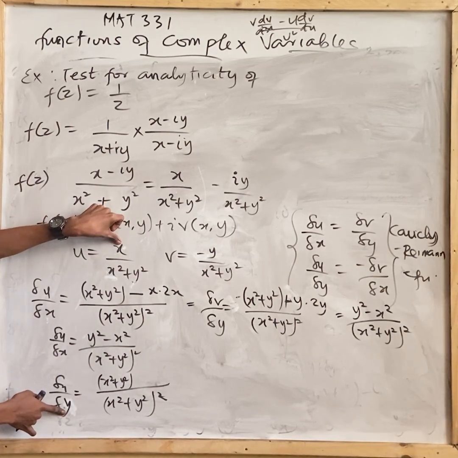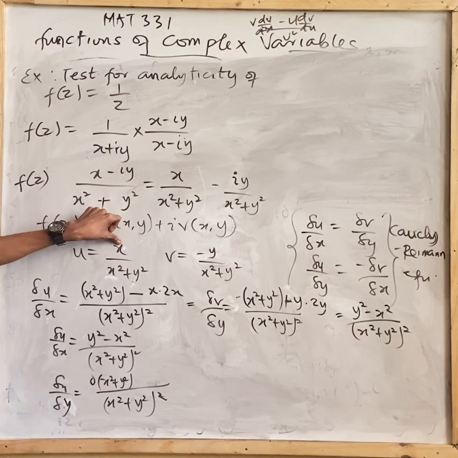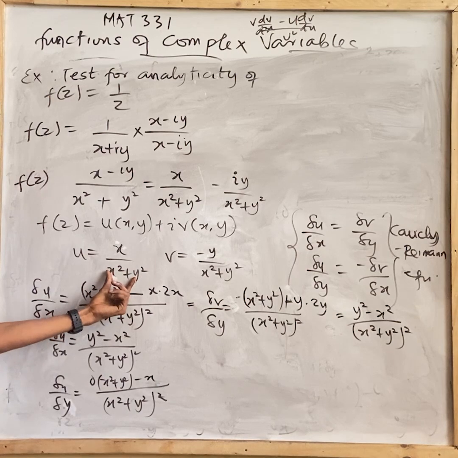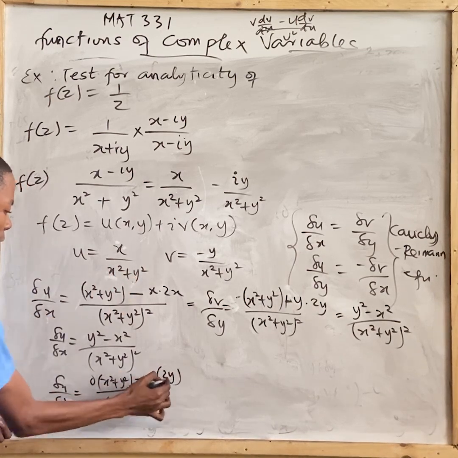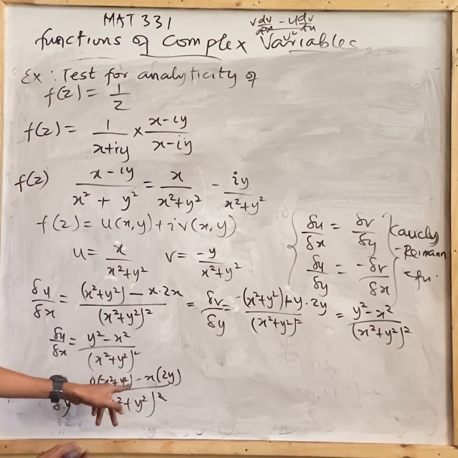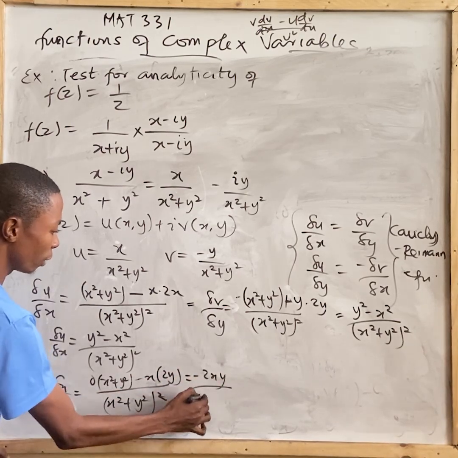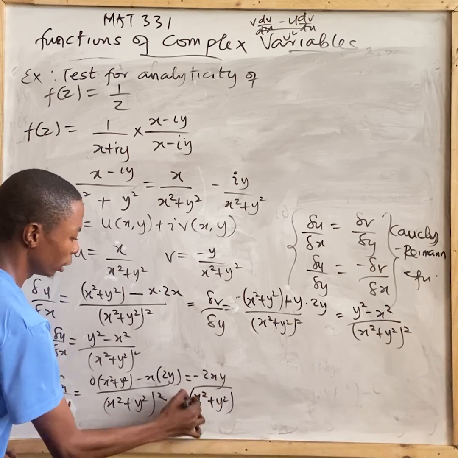That will be 0. Minus x, differentiate this one with respect to y, 2y. Anything times 0 is 0. So this one will be minus 2xy. This is what we are going to have left, divided by x squared plus y squared all squared.